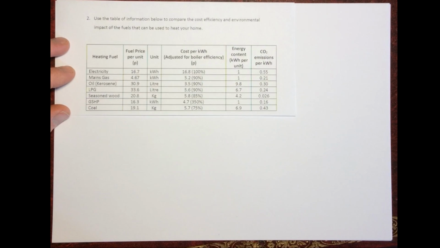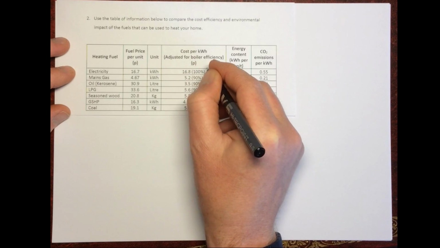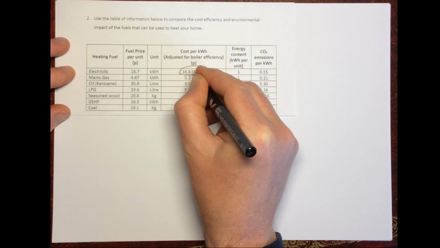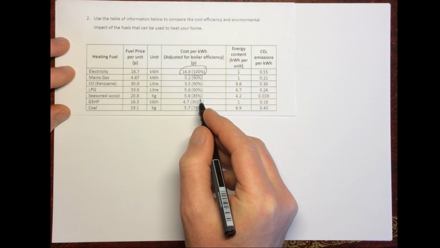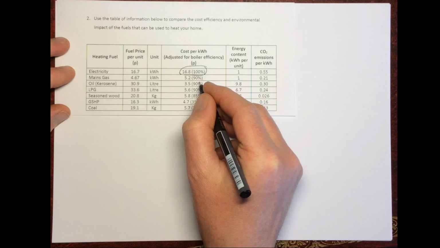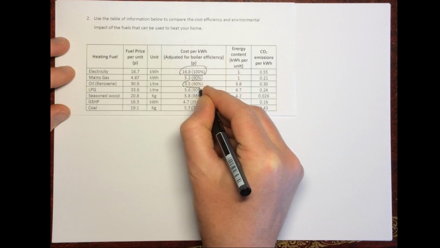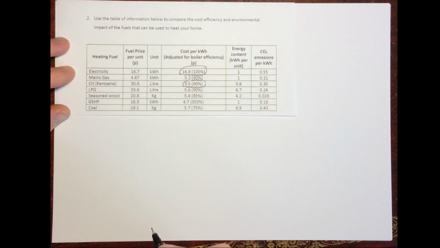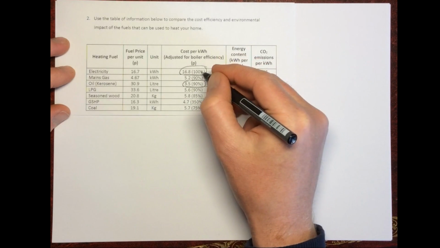Okay, so if you look at the numbers here, electricity has the largest number, and oil has the smallest number. Okay, now you don't need to worry about this percentage here.